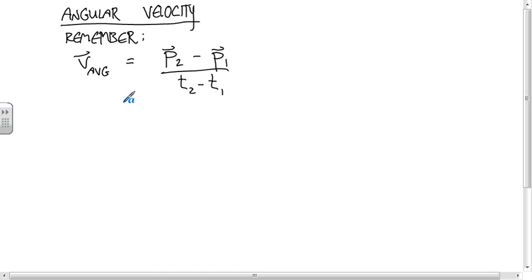And then we said to define the instantaneous velocity, that's just approximately equal to the same equation, just as that increment of time gets smaller.